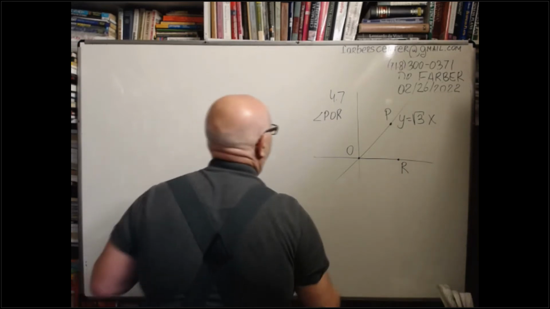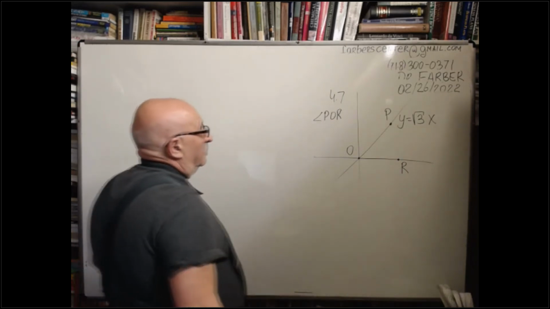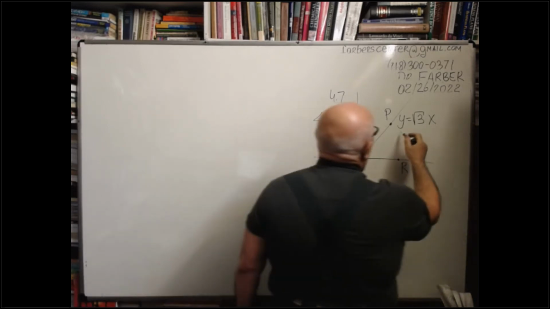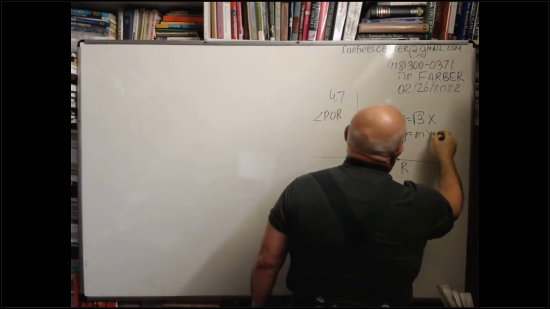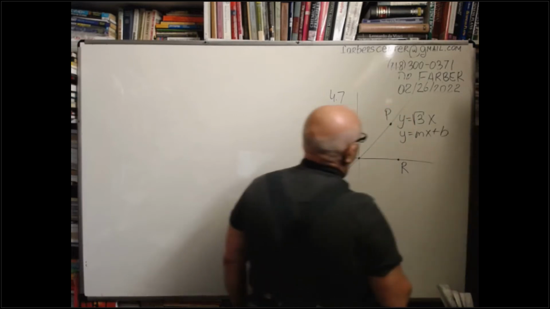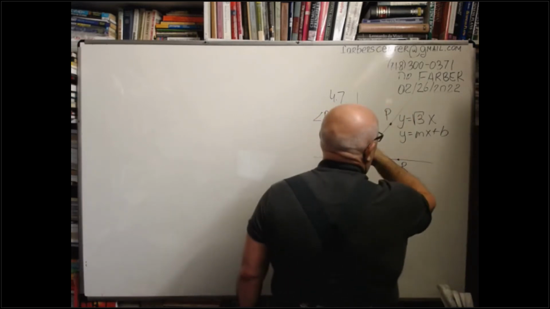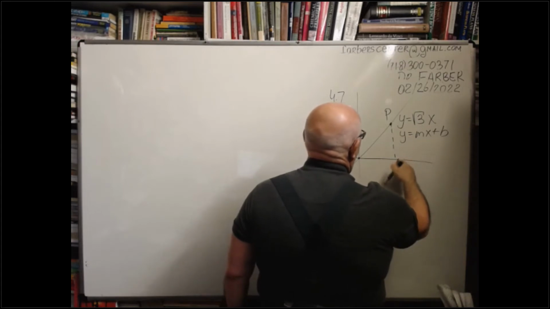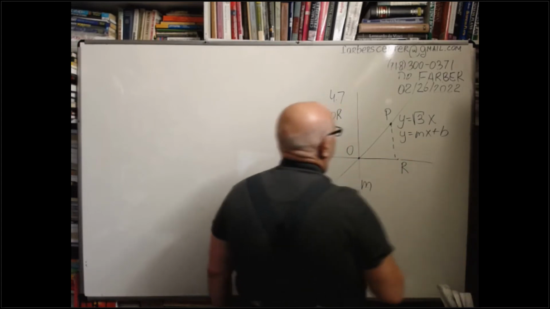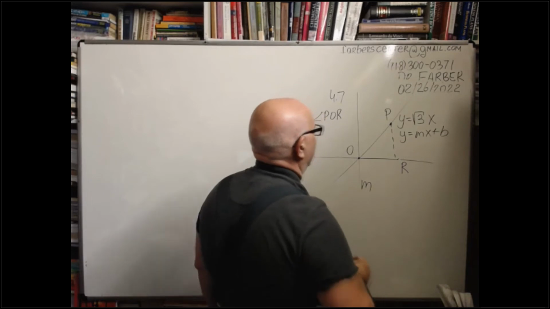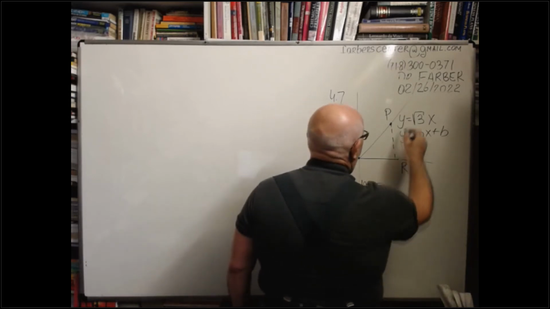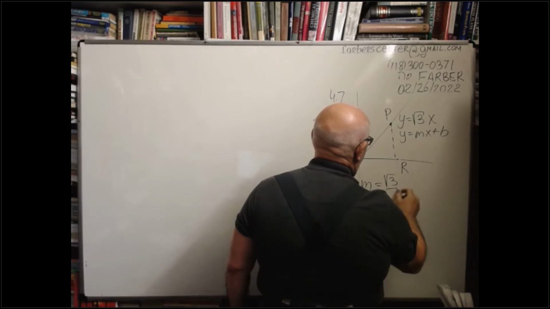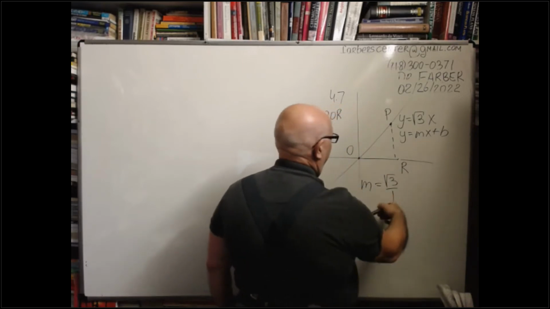Actually, if you compare this to y equals mx plus b, the y-intercept equals 0. Our slope equals square root of 3. If you make this vertical, what is the slope? Slope is rise over run. If this is square root of 3, this must be 1, because if you divide, you must get this.